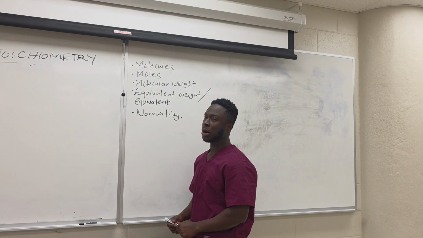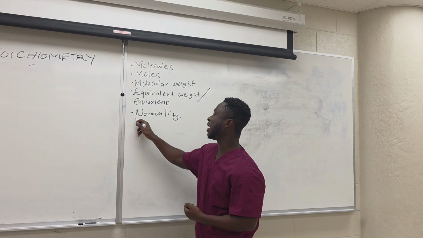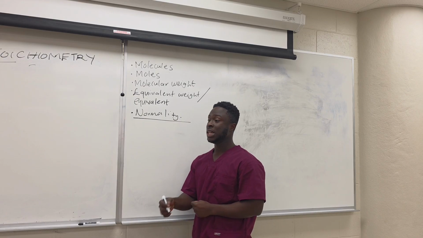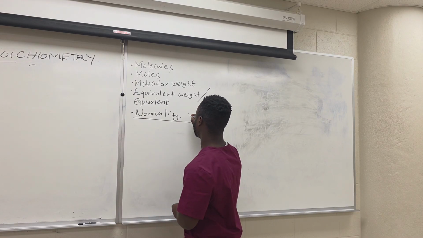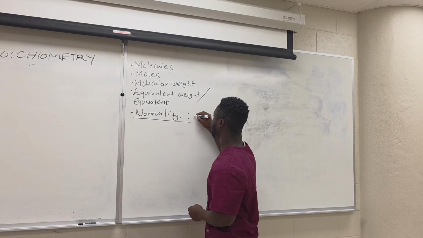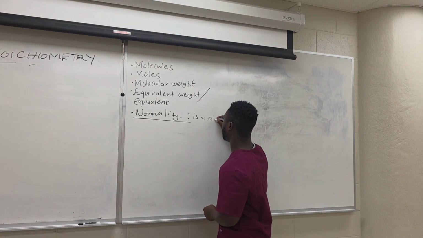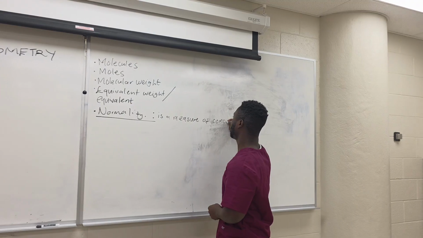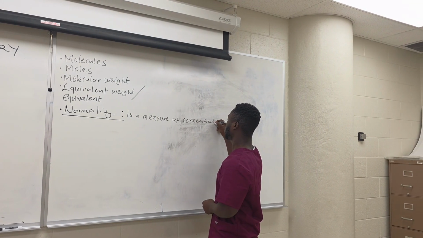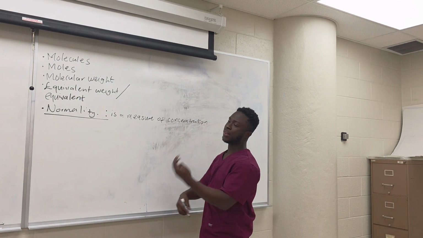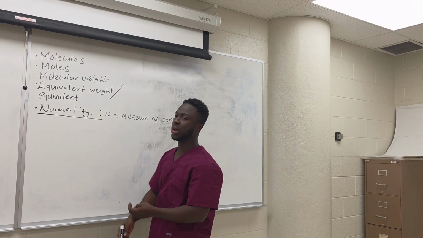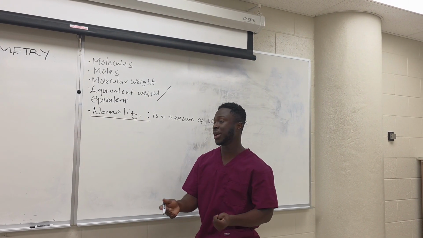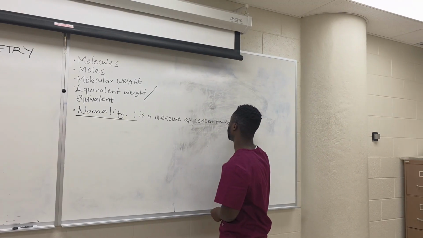So when we talk about normality, it is a measure of concentration, but in equivalents per liter. So normality is a measure of concentration of a substance. The substance is what we are looking for, maybe hydrogen ions, hydronium ions, protons.